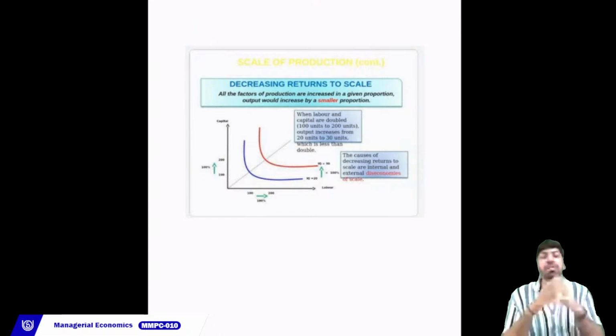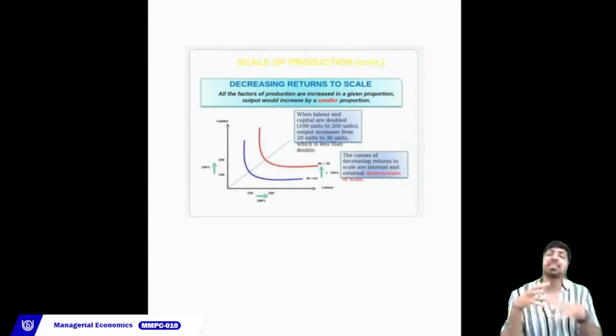If we talk about the red line, which is a higher curve, and it declines to a blue line, that yields a lower output. That's called diminishing returns to scale. When labor and capital are doubled, from 100 units to 200 units, the output increases only from 20 units to 30 units.